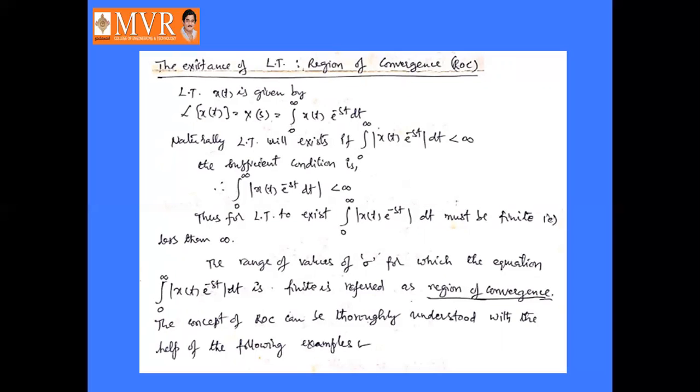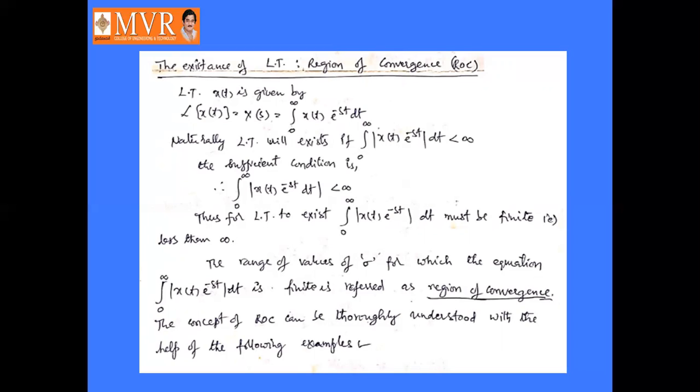The sufficient condition is that integral 0 to infinity of mod x of t into e power minus s t dt must be less than infinity. Thus, for the Laplace transform to exist, this integral must be finite. So what is the region of convergence?